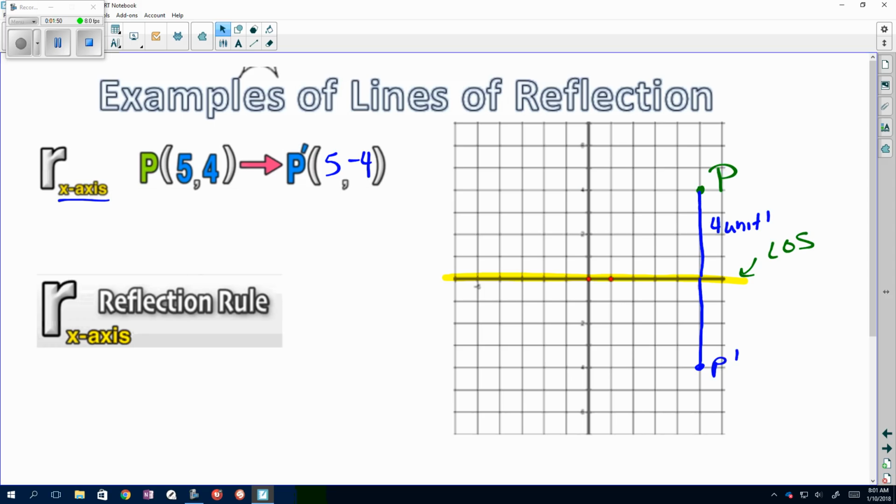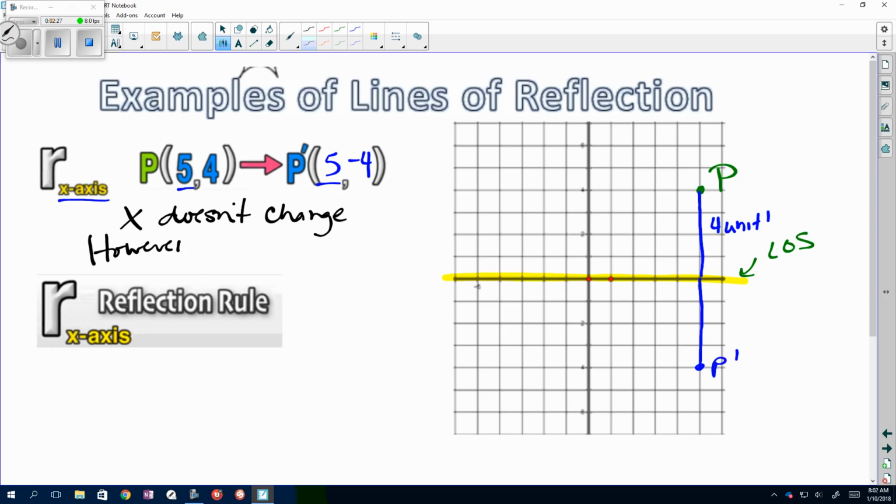So what I want you to recognize is that notice how our x coordinate here did not change, okay? But look at the y coordinate. Our y coordinate, the value did change. So when you're reflecting over the x-axis, your x does not change, however, the y is negated.